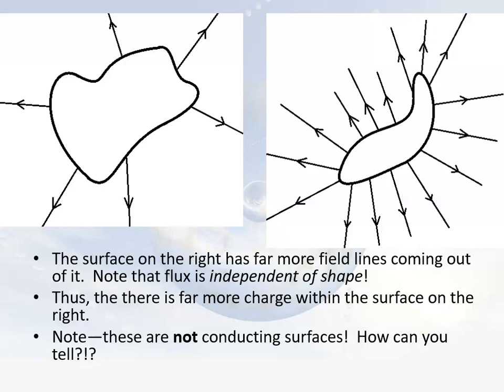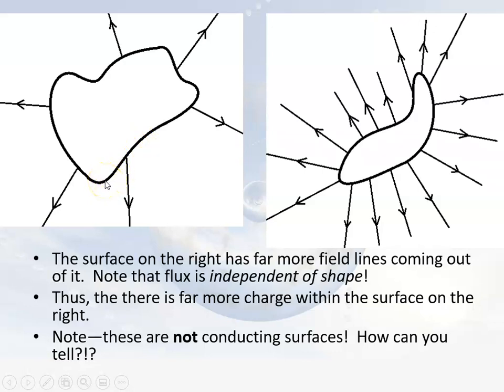If you have thought about why these are not conducting surfaces and unpaused your video, the reason is that there are certain situations where the electric field lines are clearly not perpendicular to the surface, which means that there must be some concentration of electric charge creating an off-normal electric field. An off-normal electric field will cause charges to move around until it has been canceled out, if it's a conductor.